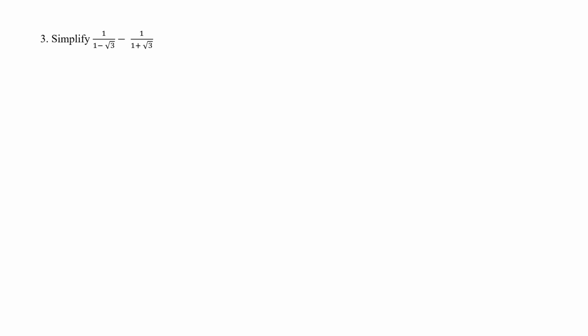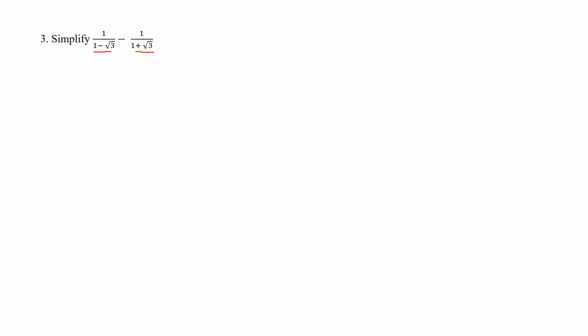Number 3, simplify 1 divided by 1 minus root of 3 minus 1 divided by 1 plus root of 3. So here we are subtracting two expressions having surds in the denominator.